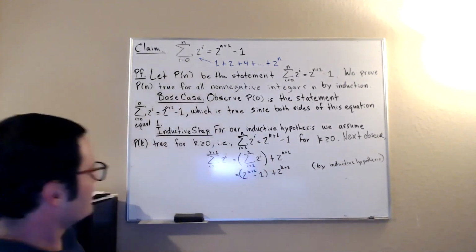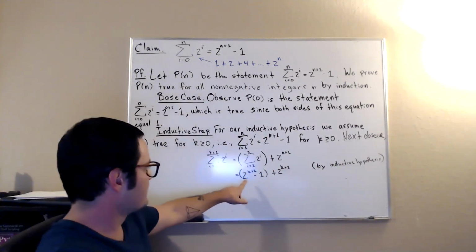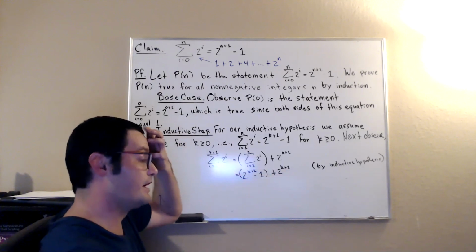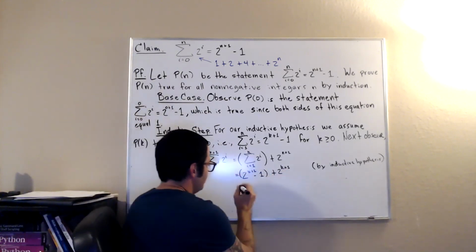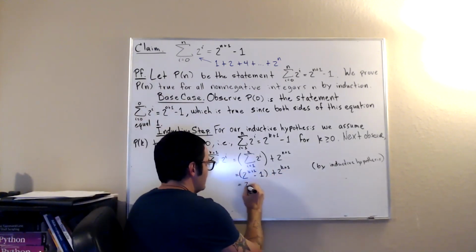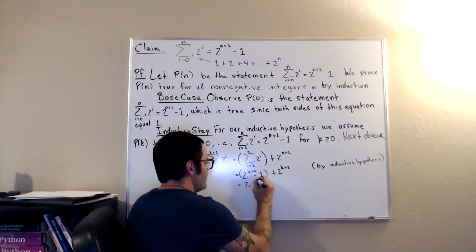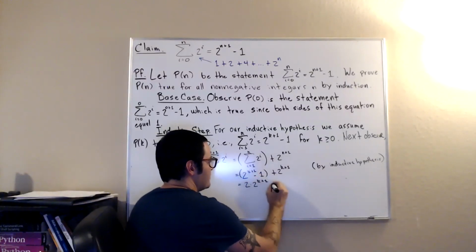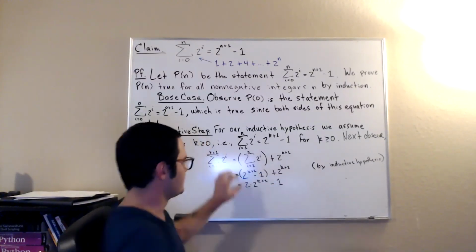So now I can combine my terms. I have 2 to the power k plus 1 and 2 to the power k plus 1. Altogether, I have 2 of them, so I have 2 times 2 to the power k plus 1. And then that minus 1 is over here.